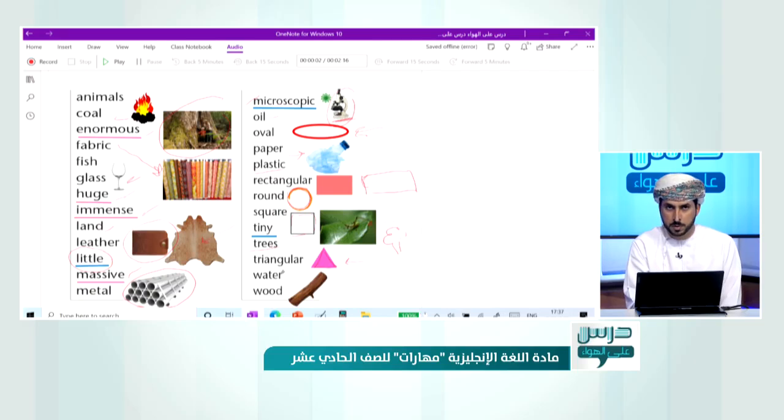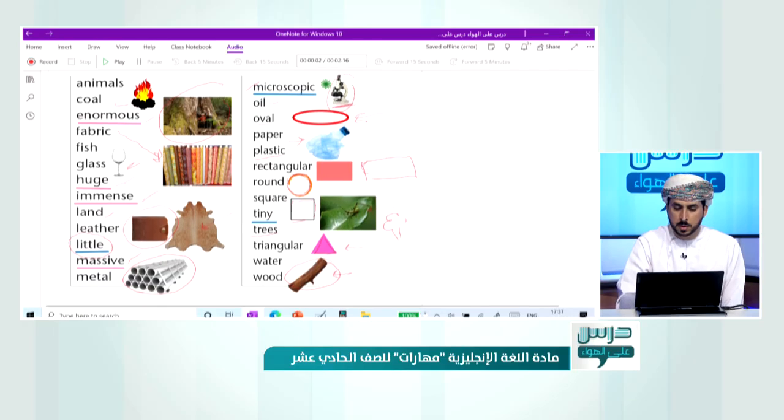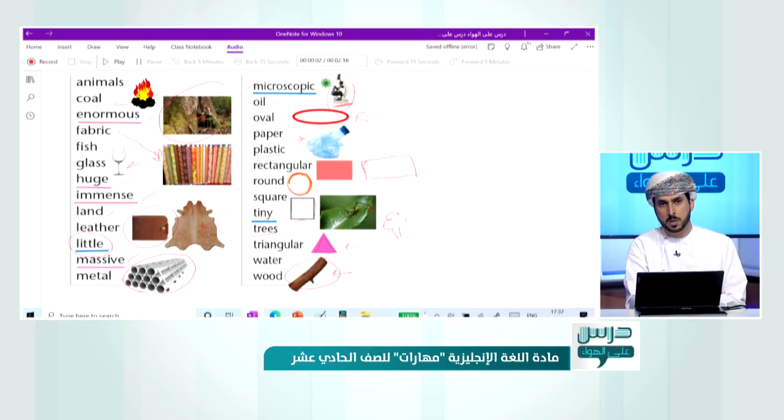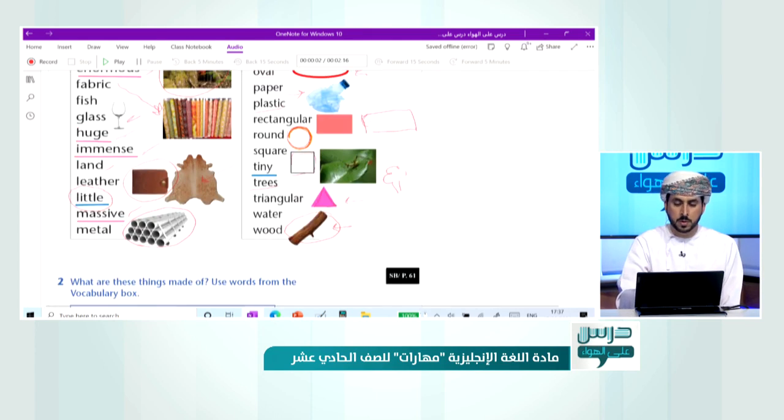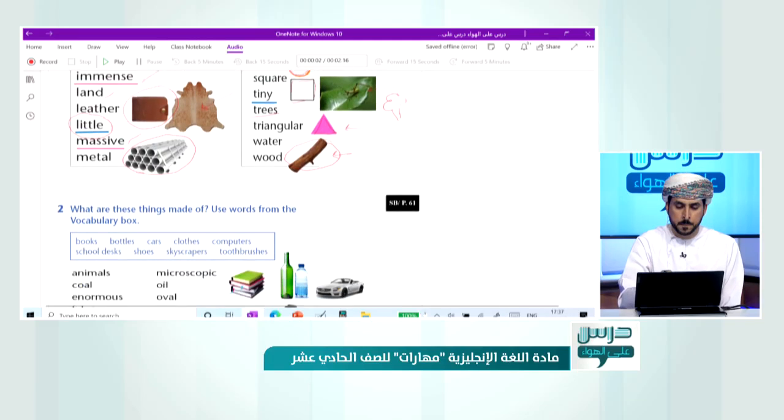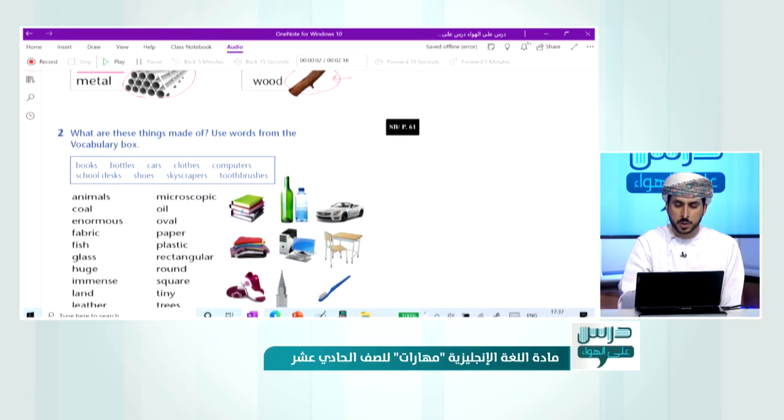Also, we have water. And finally, we have the word wood. This is the picture of wood. I wish that you get the meaning of all these words found in the box here, because we are going to use them now when we deal with question number 2.